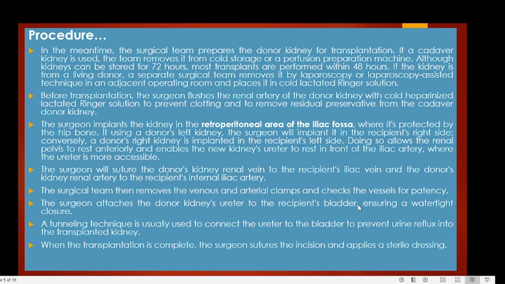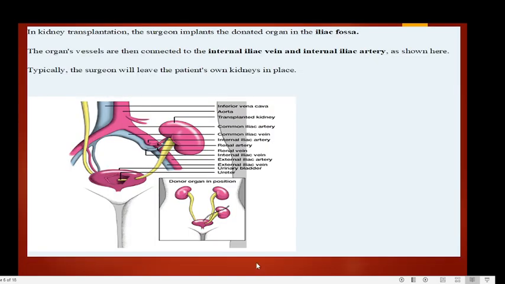This will have to be done ensuring a watertight closure. A tunnel technique is usually used to connect the ureter to the bladder to prevent urine reflux into the transplanted kidney. When the implantation is complete, the surgeon sutures the incision and applies a sterile dressing.